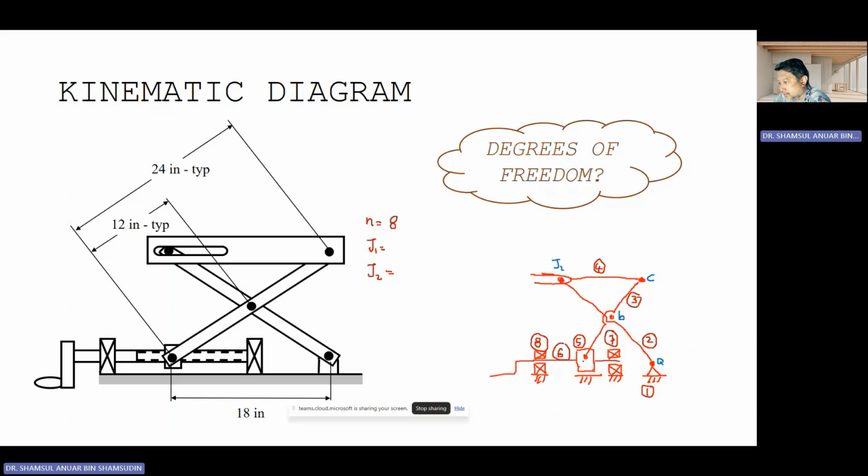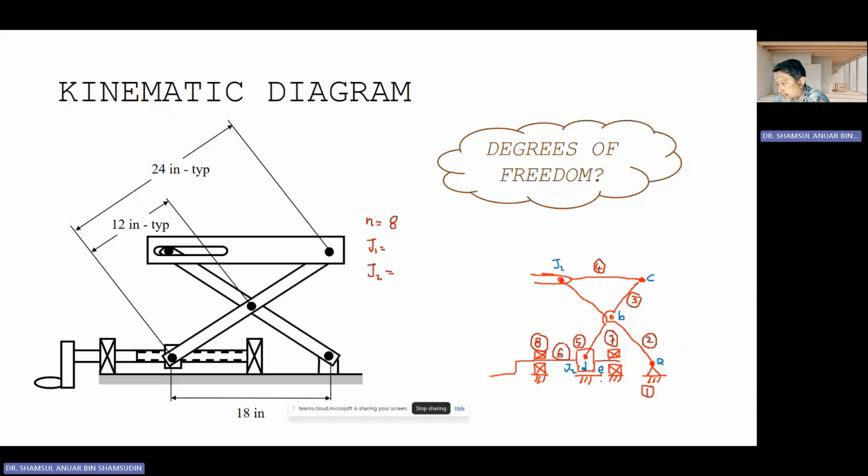This one between the nut and the screw will also be a J2. Okay, for J1 we have A, B, C. This one over here will be a D, and between the nut and the ground, E.